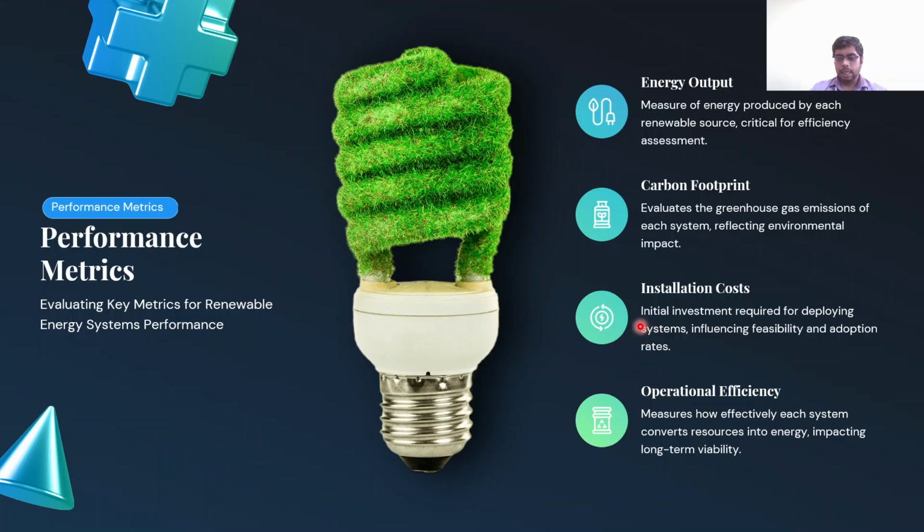So the initial cost or capital cost is one, and then you also have the operational and maintenance cost. The cost analysis needs to be performed in order to understand the feasibility, the scalability and so on of these different types of renewable energy sources.